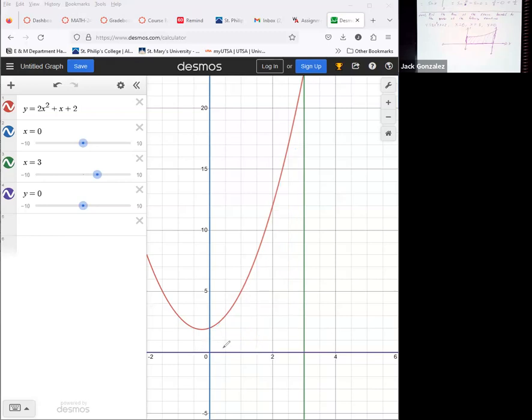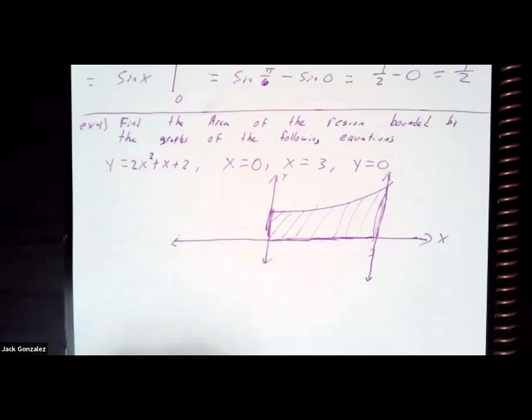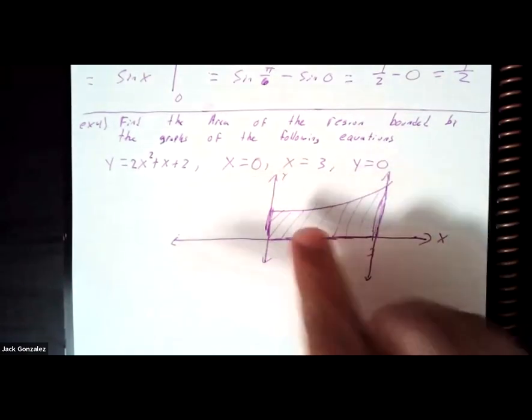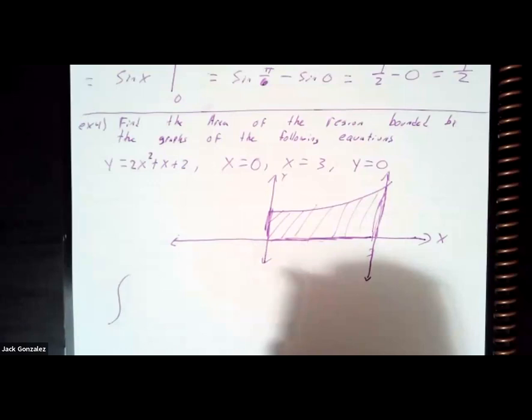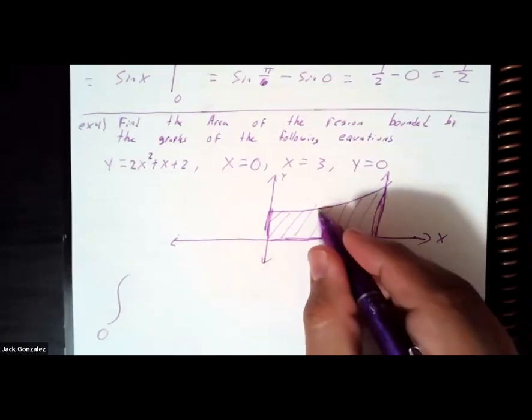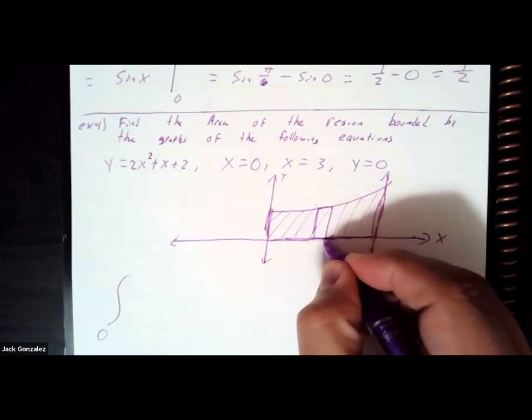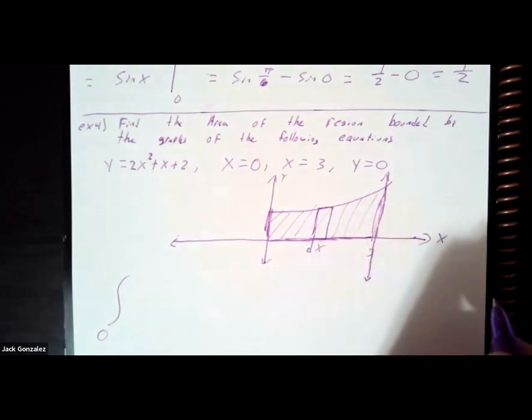So I need to find the area of this region by using the integral. In order to do so, you integrate the top part, which is a parabola, minus the bottom part, which is this line. But the bottom is going to be 0 again, so it's not a big deal. There's this idea about rectangles.